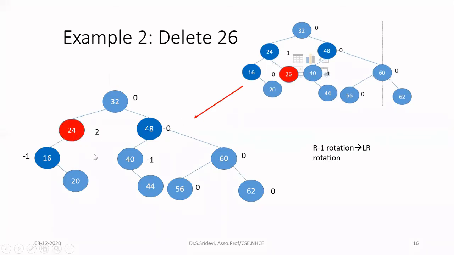Since we have deleted from the right subtree, go to the left subtree and see the root balance factor. So the root of the left subtree is 16. It is having a balance factor as -1. Therefore, I will perform R-1 rotation. So if the rotation is R-1, I have to actually do LR rotation. So now let us go and perform LR rotation.